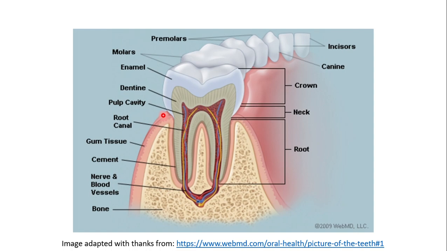And these are the gums. You can see the gums. Gums are responsible for holding the teeth. Then if you closely look at this structure, we are going inside the tooth.